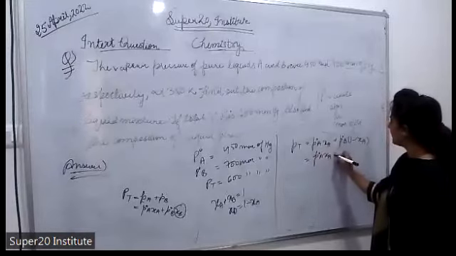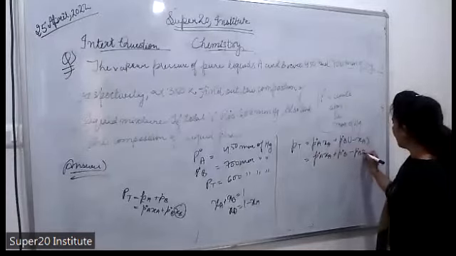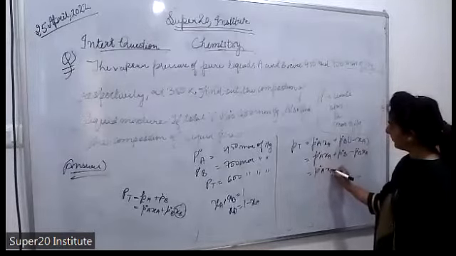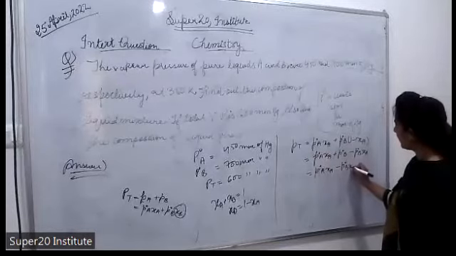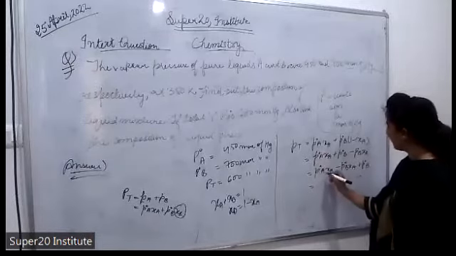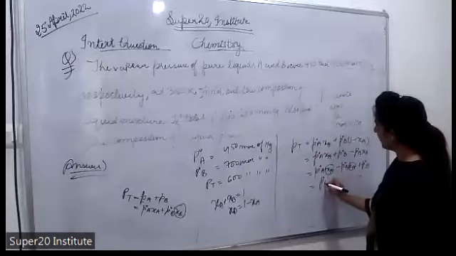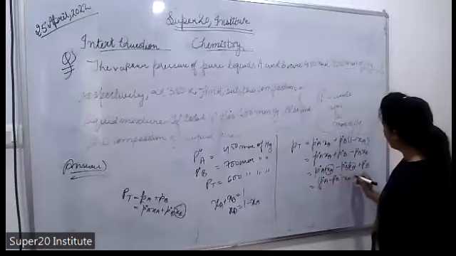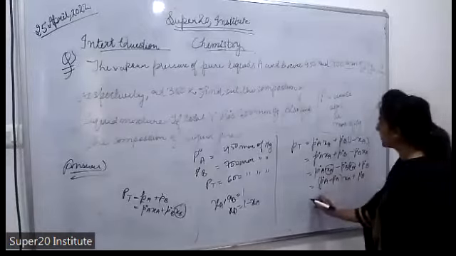By rearranging the terms, we will get minus P naught B chi A. Further, we get P naught A chi A minus P naught B chi A plus P naught B. Okay. So take chi A common: P naught A minus P naught B, with chi A common, plus P naught B. So put down the values here.